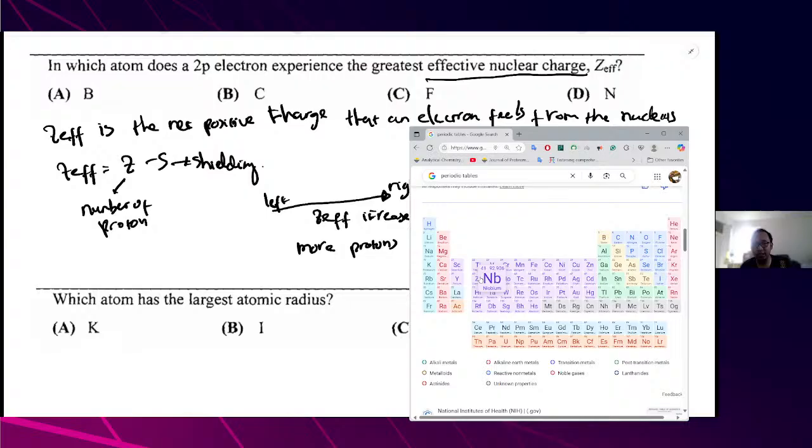The shielding is similar, but there are more protons.